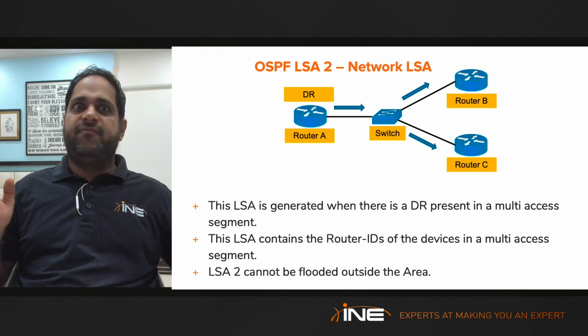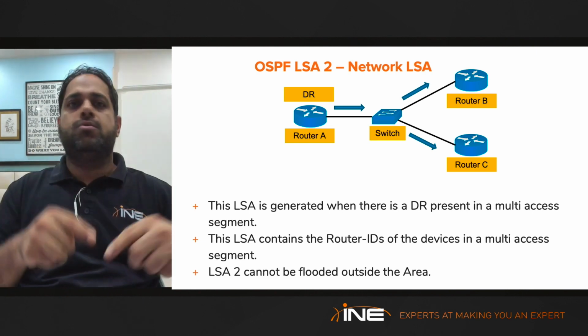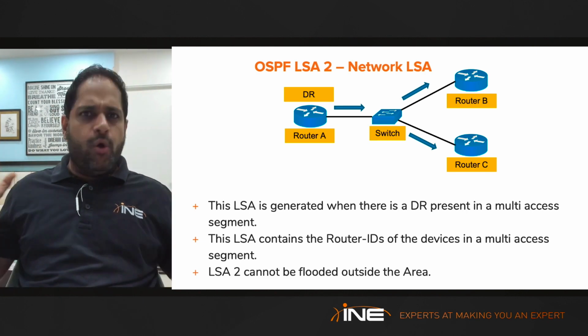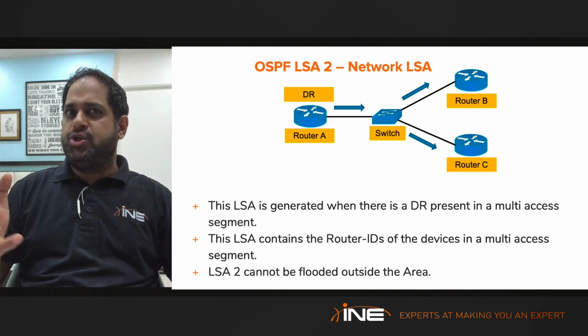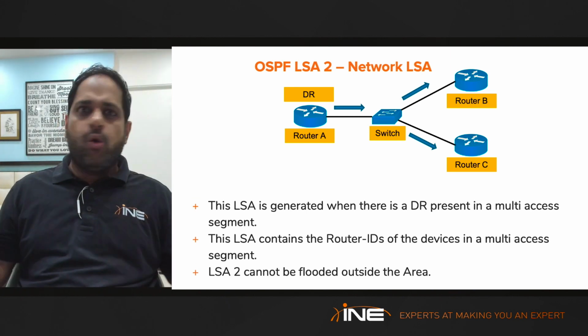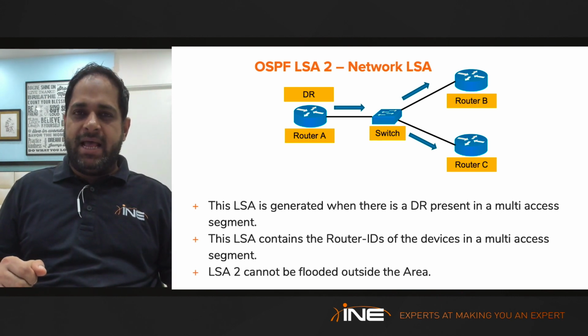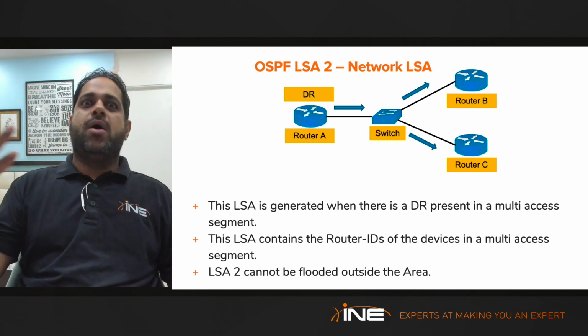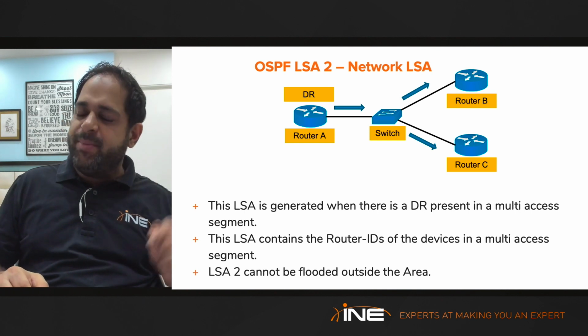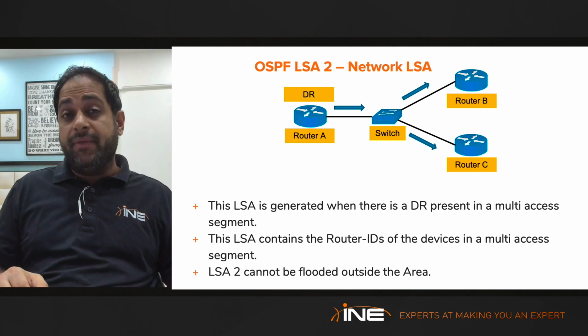So let's say there were 3 routers, me, you, and maybe one more router, we all are connected through a switch in one subnet, and we all are running OSPF. In that case, one of the routers would be elected as the DR, the second router would be the BDR, and maybe the third router would be DR other.